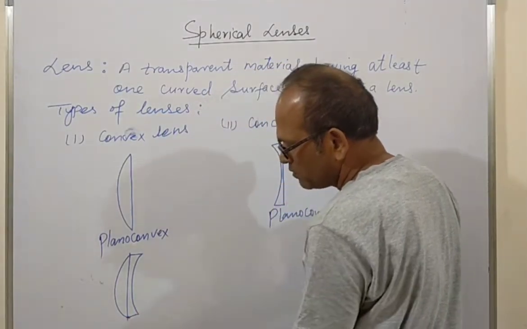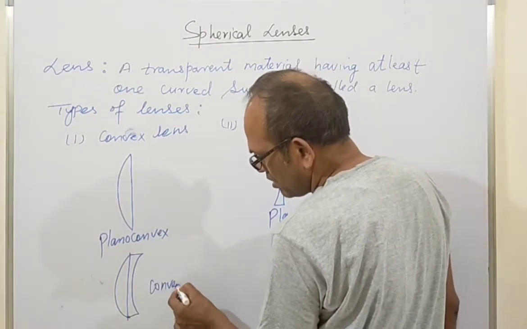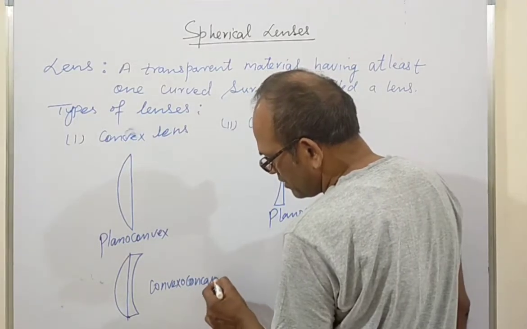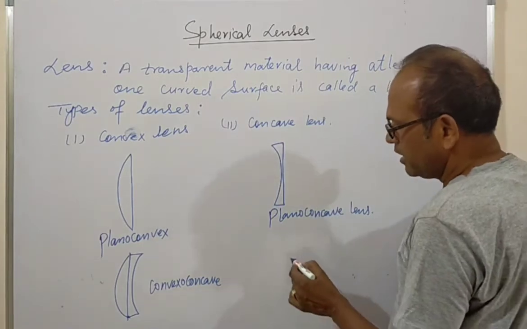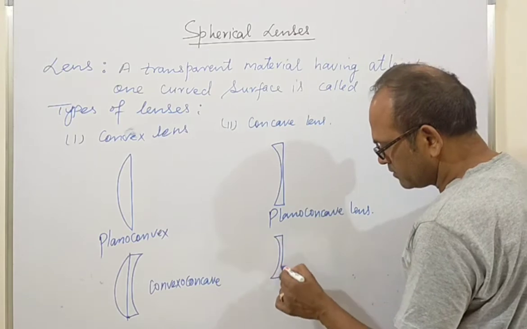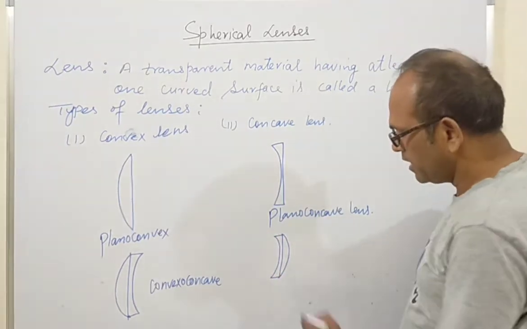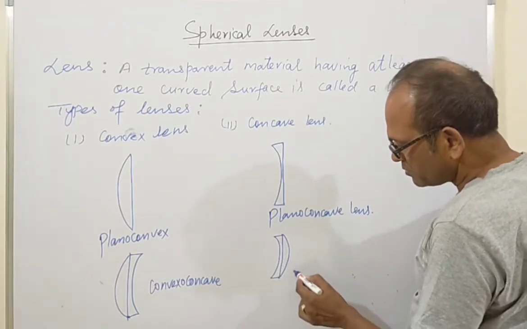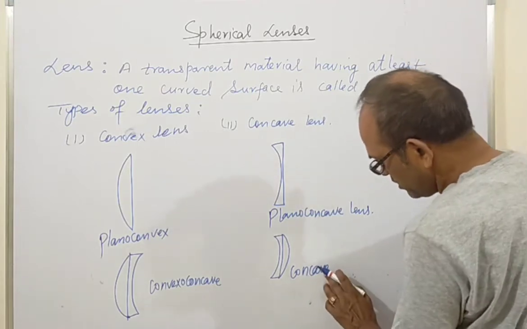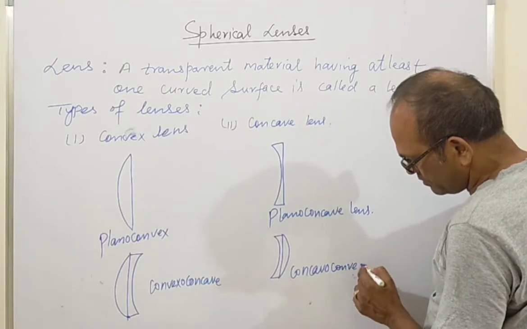So this lens is convexo-concave, and if it is internally curved like this and the other surface is like this, then this is called concavo-convex. Okay.